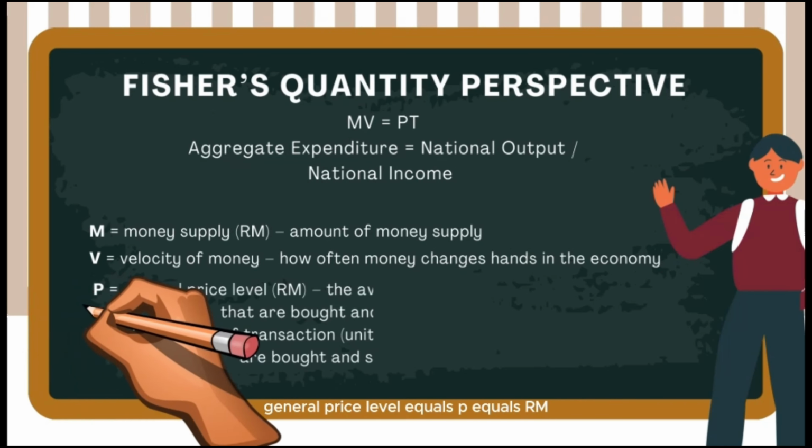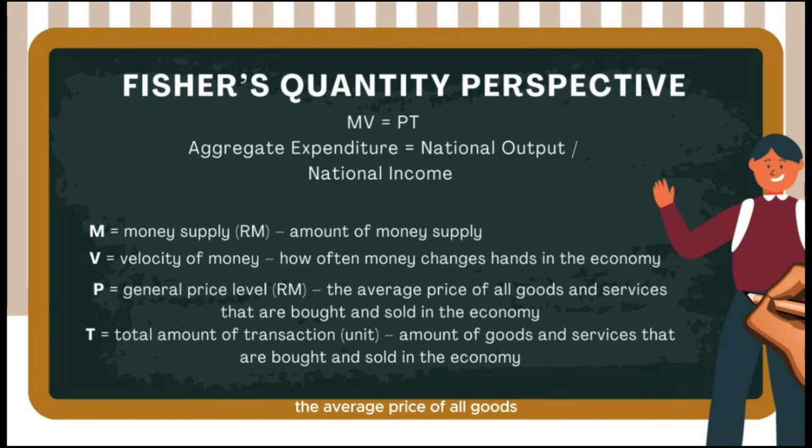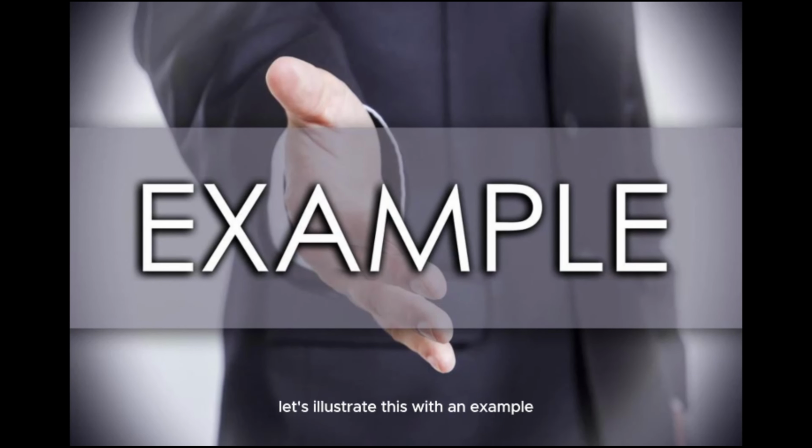General price level: P is the average price of all goods and services that are bought and sold in the economy. Total amount of transactions: T is the unit amount of goods and services that are bought and sold in the economy. Let's illustrate this with an example.